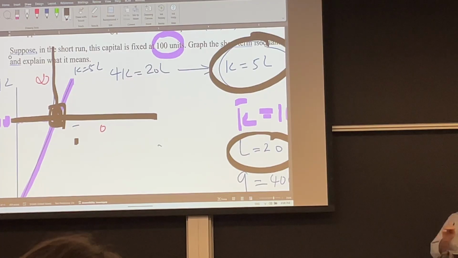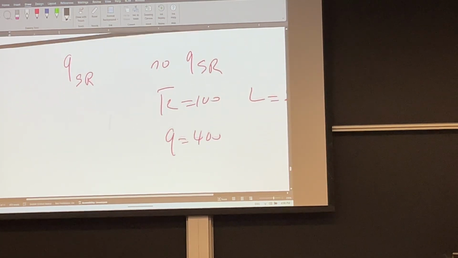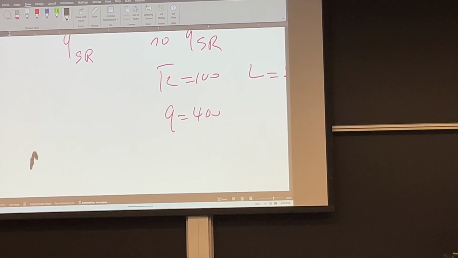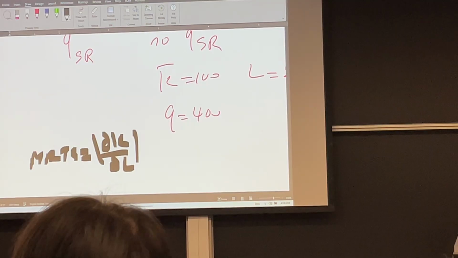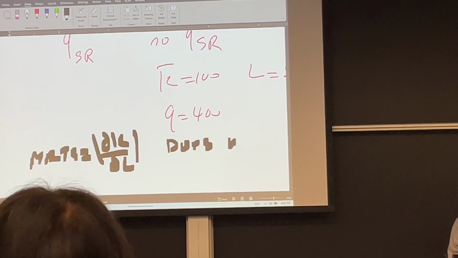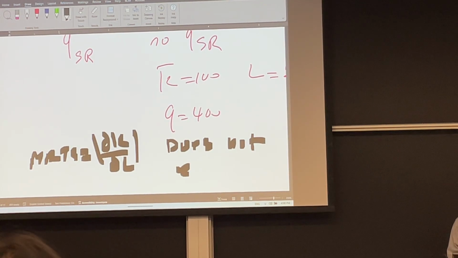Fixed proportion, you cannot change the labor for capital and vice versa. There is no MRTS. MRTS is a rate of exchange. It does not exist. It's just one unique technology. You cannot transfer capital and labor back and forth. You cannot alter the technology. Make sense? So MRTS, which is defined as this, is not defined for it.